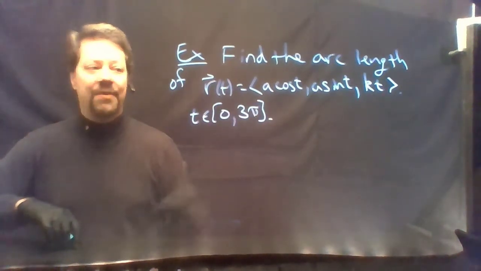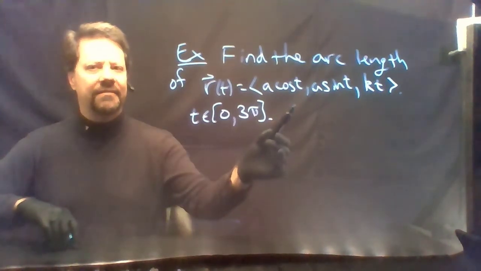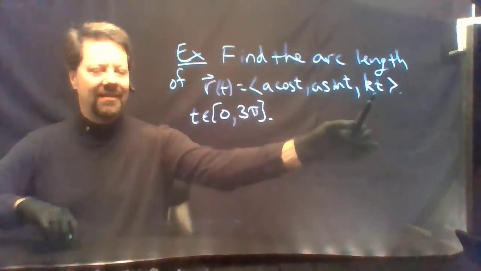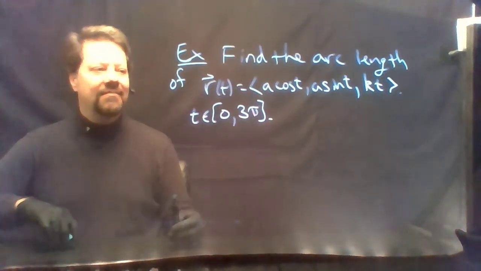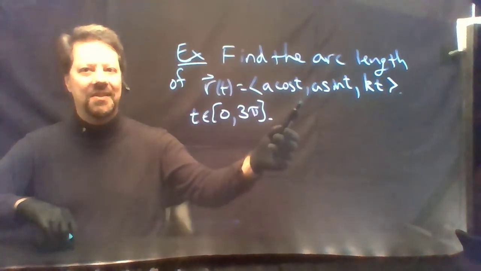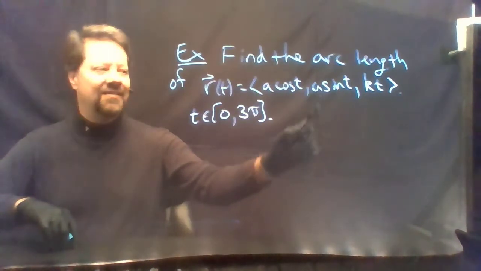So 1.5 times around, what is this curve? Where the z-coordinate grows at a constant linear rate? This is a helix.